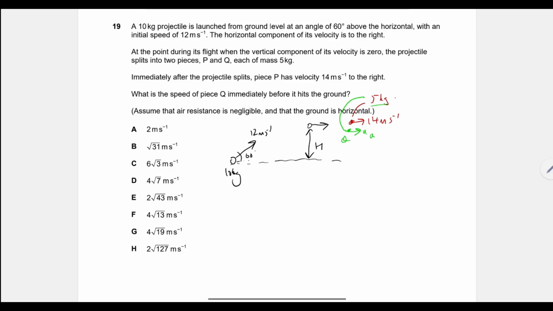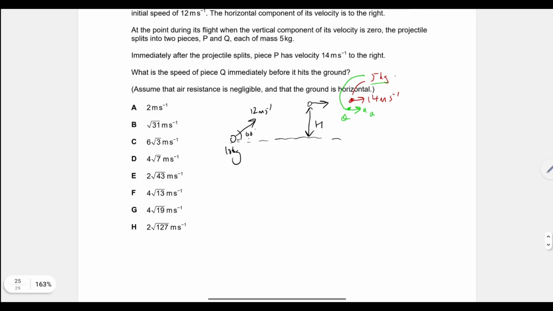So what we need to find is UQ, but to do that we need to find this speed up here. Let's call that U. That's easy because the horizontal component of the speed doesn't change, so U is going to be 12 cosine 60 degrees, which is 12 over 2, 6 meters per second.